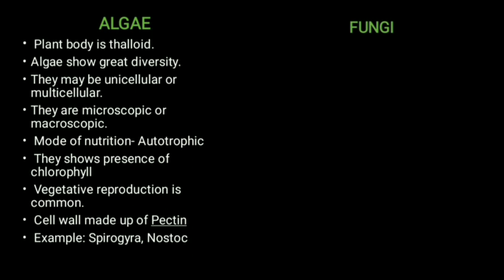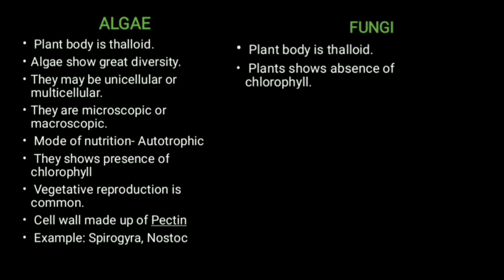Now next is fungi. Here also the plant body is thalloid as it is included in division Thallophyta. Plant shows absence of chlorophyll. In algae it shows the presence of chlorophyll, but in fungi chlorophyll is absent. Then they are acellular or unicellular. Now what is meant by acellular, children? Acellular means indefinite.